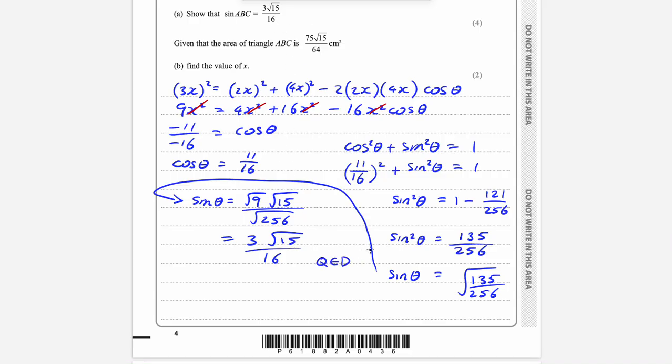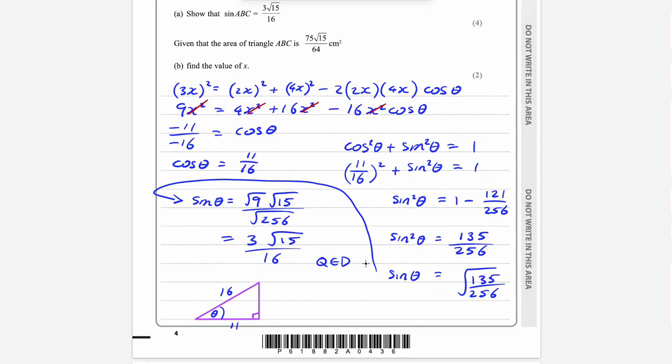So QED. The other way, which I also like, is to draw a right angle triangle and put theta here. If you know cosine of theta is 11 over 16, adjacent over hypotenuse, you can calculate the third side using Pythagoras' theorem.